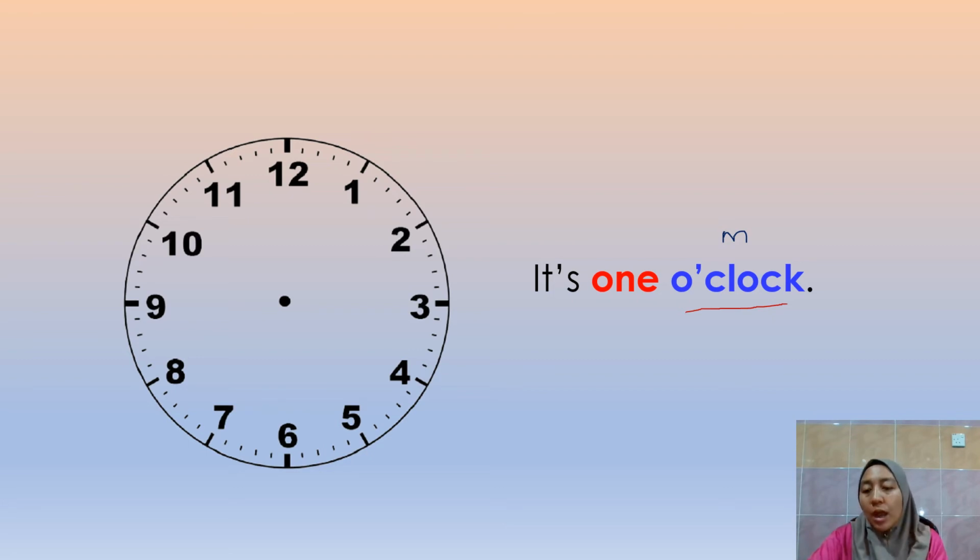Kalau hour, I use red. Kalau untuk minute, I use blue ya. Okay, 1 means 1. Ingat, kalau hour hand mesti pendek. Kalau minute mesti panjang. So 1, awak pergilah 1. Pergi kat ni, o'clock. Dia panjang.